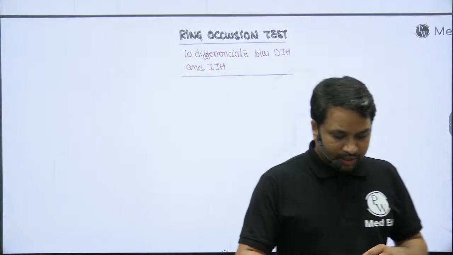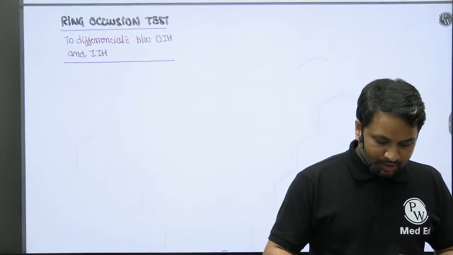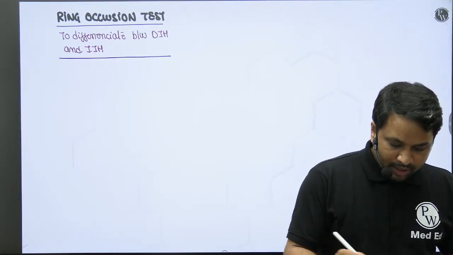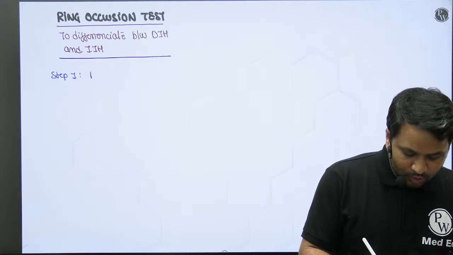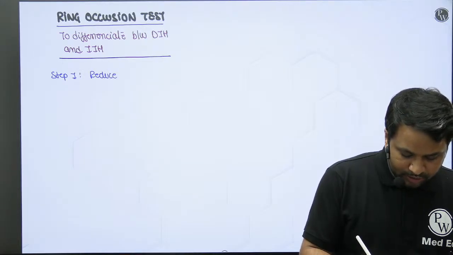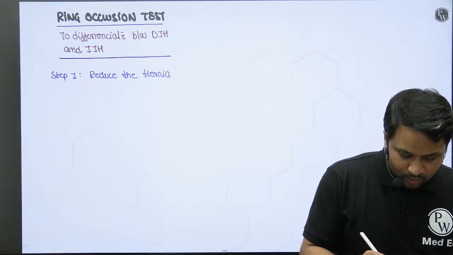So how do you do a ring occlusion test, right? The basic objective of doing a ring occlusion test is a stepwise approach. Step 1, what is the first step? It is to reduce the hernia. What is step 2?